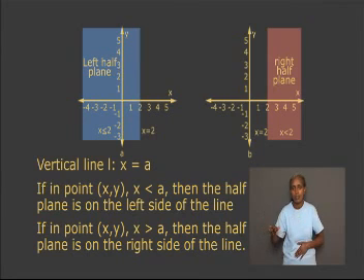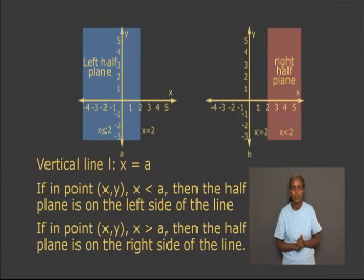In the graph on the left, x is equal to or less than 2. As such, because the coordinate is within the left half plane, the line is indicated in bold.